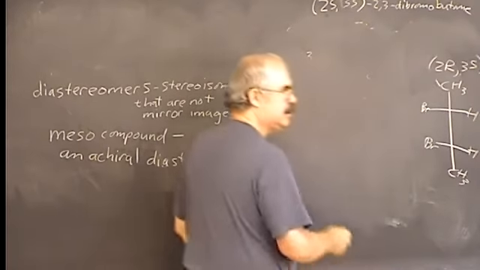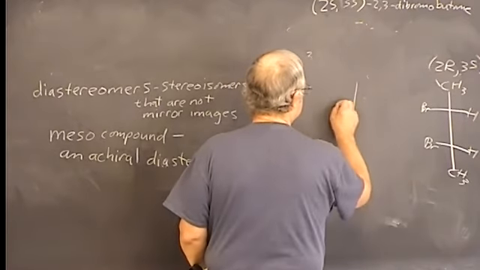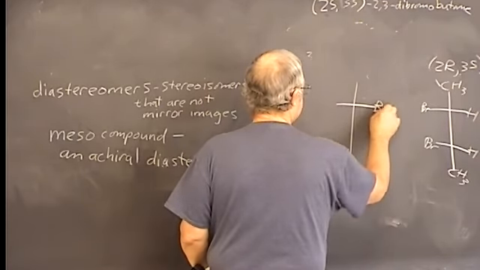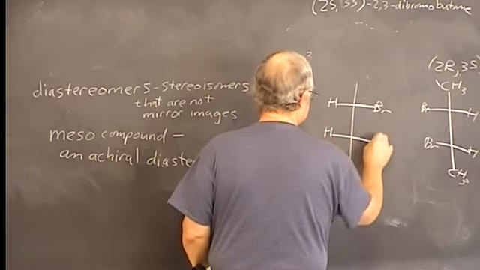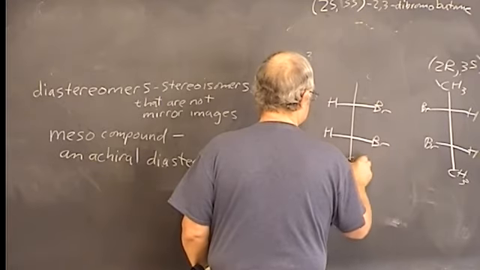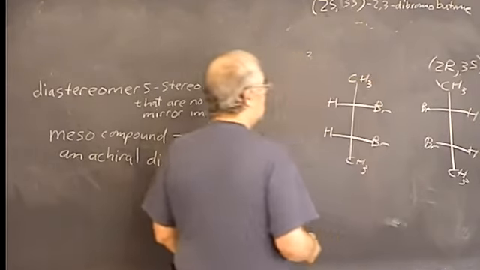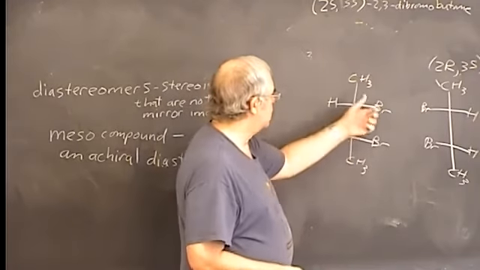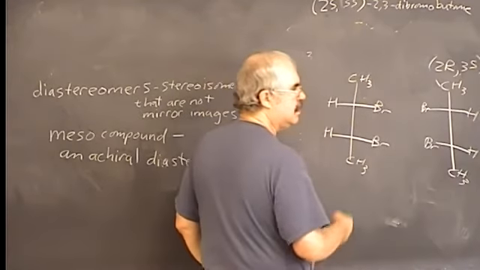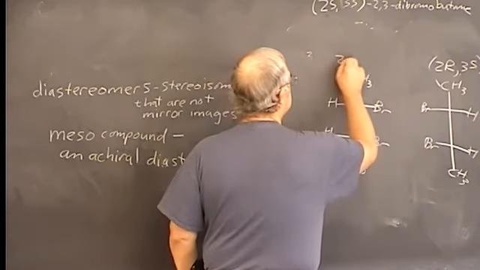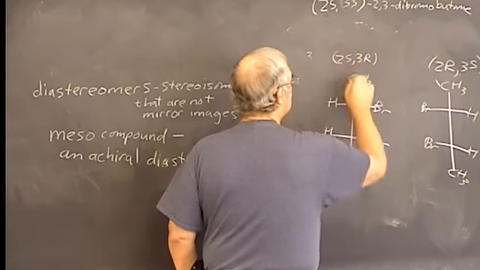I'll do that on this side over here. To get the mirror image, I switch the configurations of both of these. So that's a 2R3S, so this would be the 2S3R. I switch both of those.